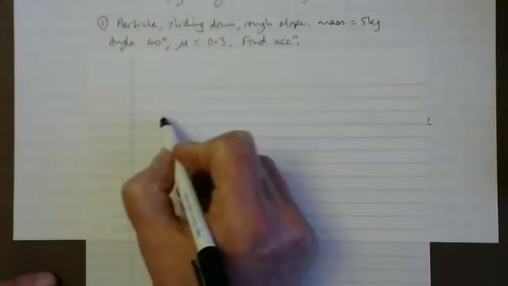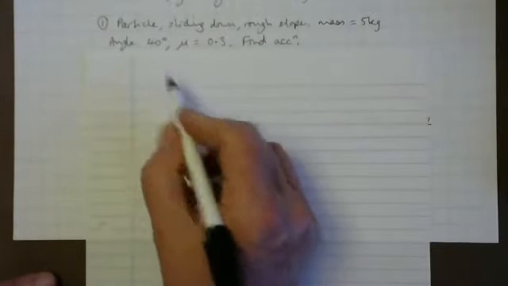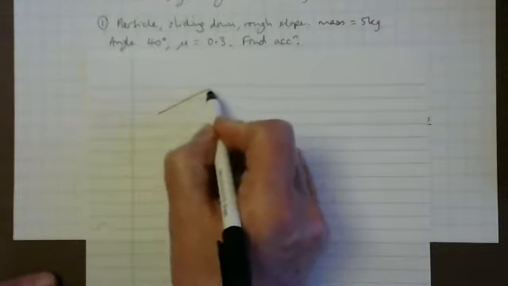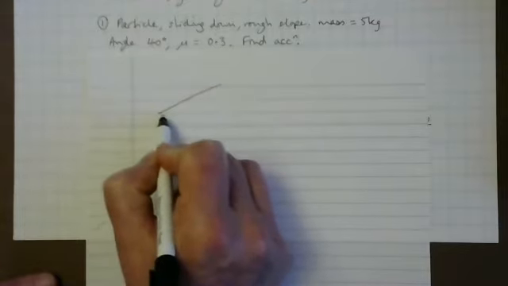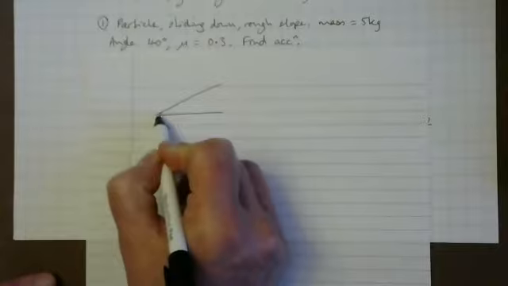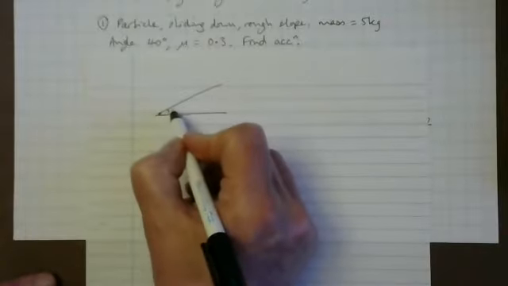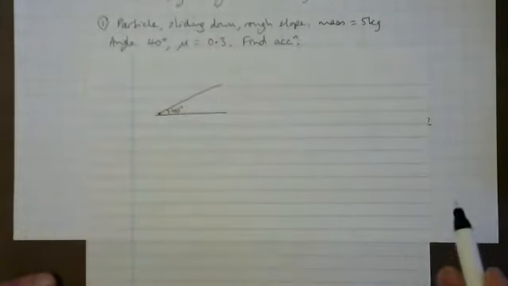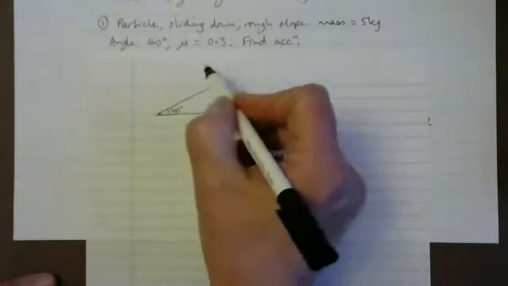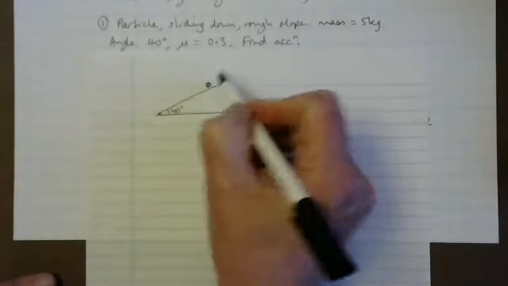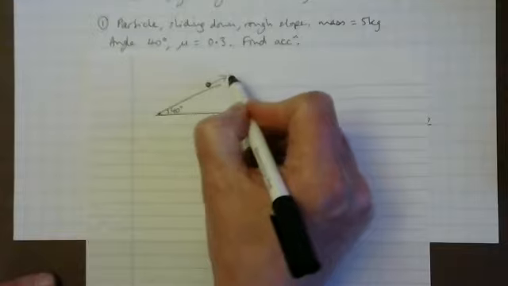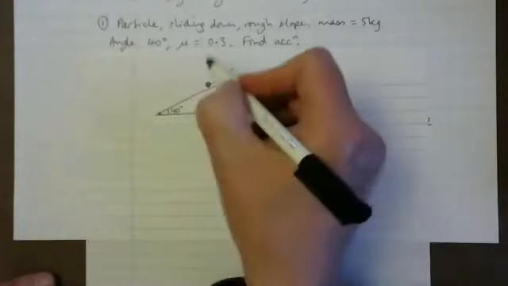So if you've worked those out, hopefully you began by drawing a picture. You should always do so. So we have a picture. It's a slope, 40 degrees. It's less than 45 degrees, so I'll draw it as a small angle. I know it's sliding down. I know it's rough. I know the F is actually F max, but I'll just put F for now.